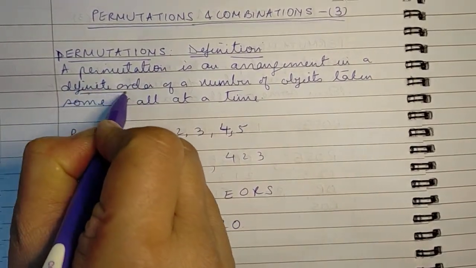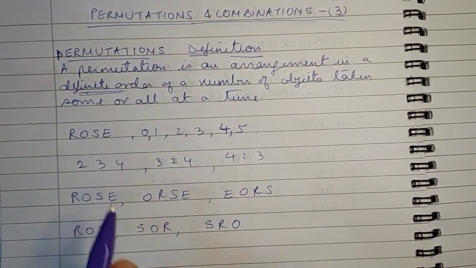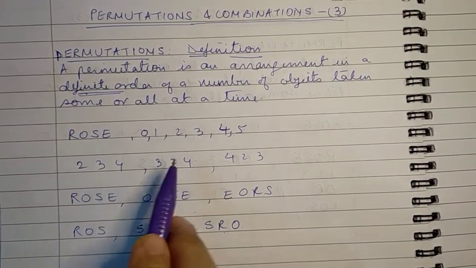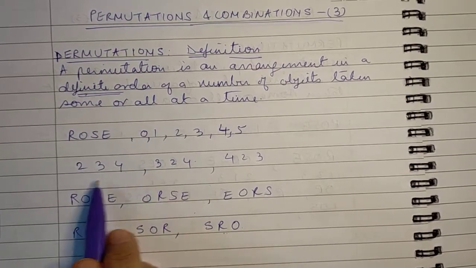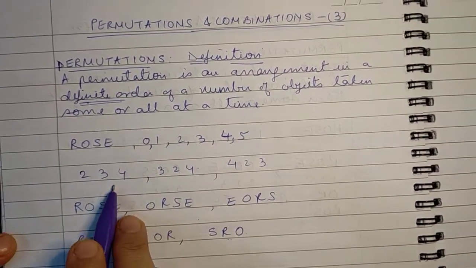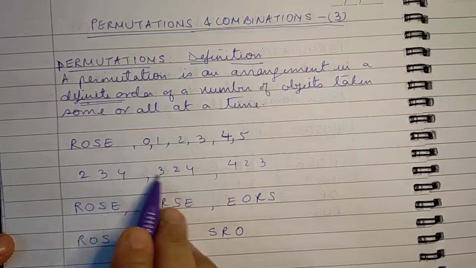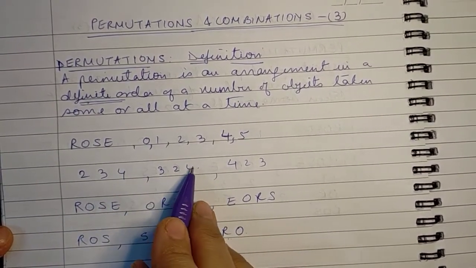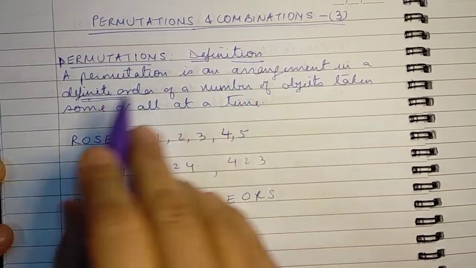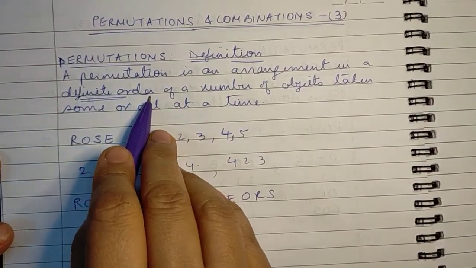Here the order is very important, because whether you write 2 3 4 or 3 2 4, the order of writing has only changed. It's the same digits which are being used, but the order of writing is changed and we get different numbers. So a permutation is an arrangement in a definite order.